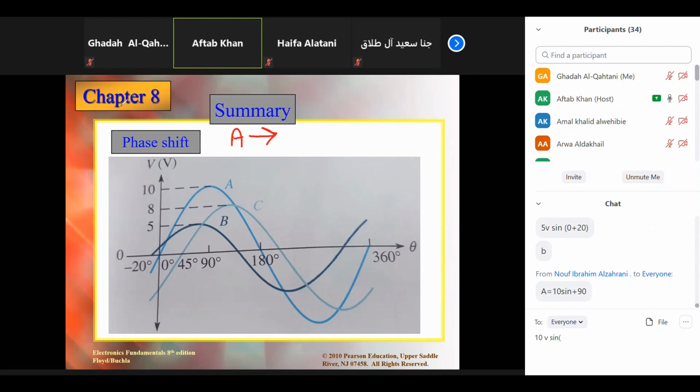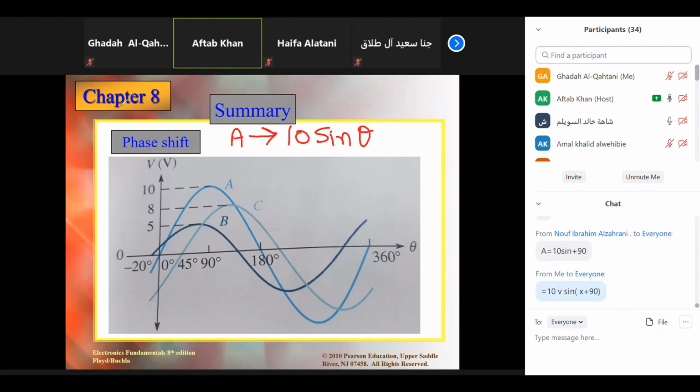For A first: the peak value is 10, because of the peak and sine. What about the angle, where is it starting? 0. So the phase angle is 0.